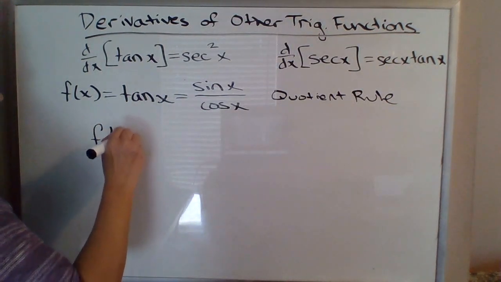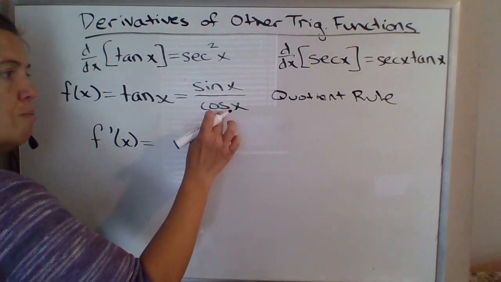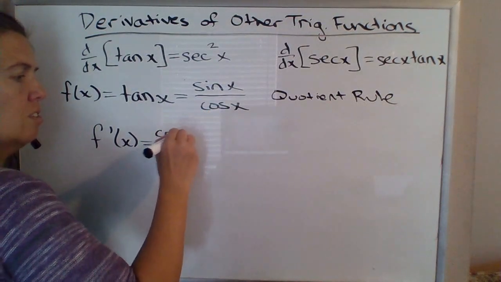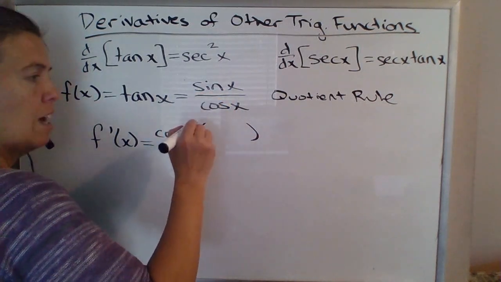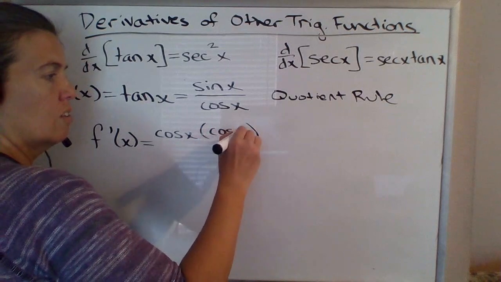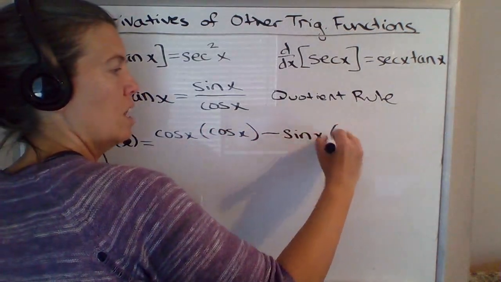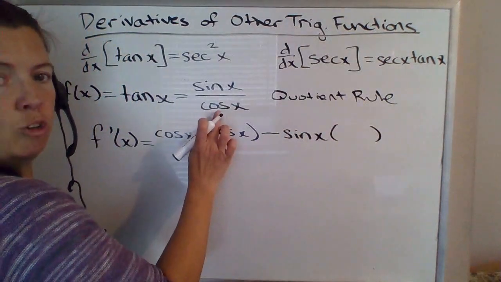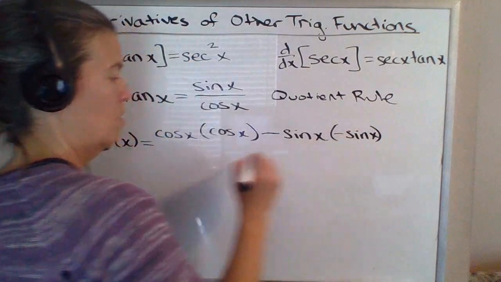So the derivative here will be, if we apply the quotient rule, the bottom function, cosine x, times the derivative of the top. Derivative of sine is cosine x, minus the top function times the derivative of the bottom. Derivative of cosine is negative sine x.